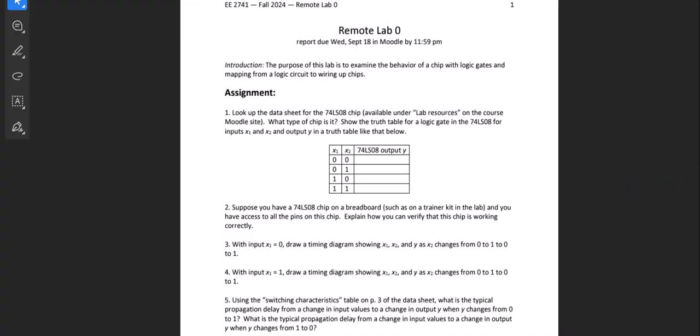Okay, with input x1 equals 0, draw a timing diagram showing x1, x2, and y as x2 changes from 0 to 1. Okay.